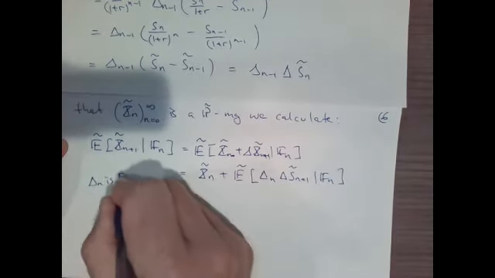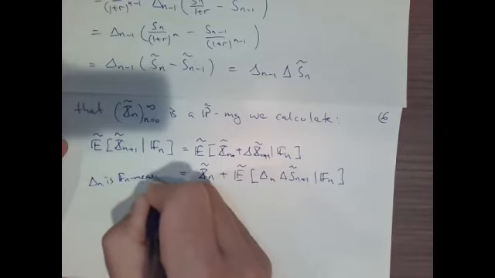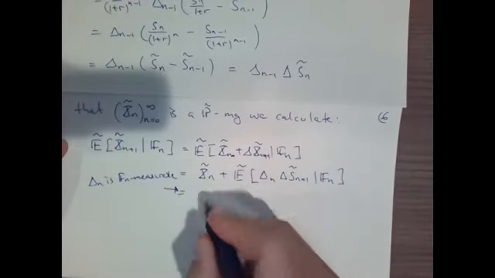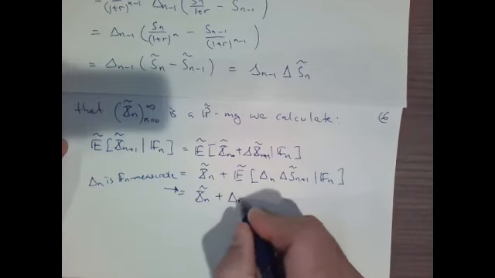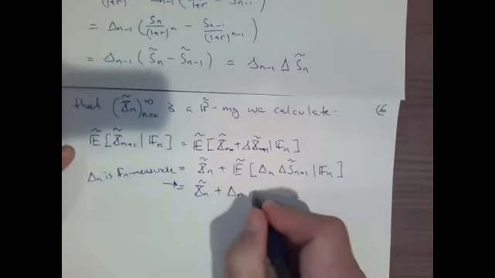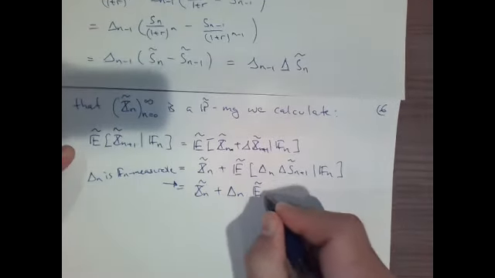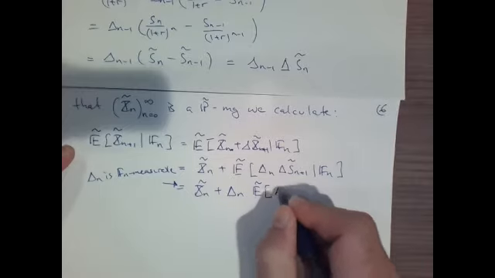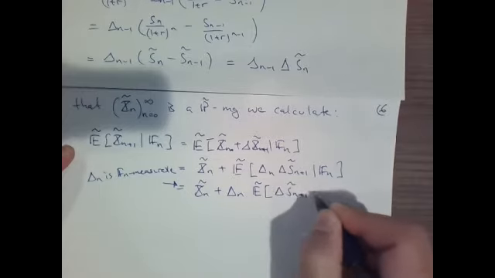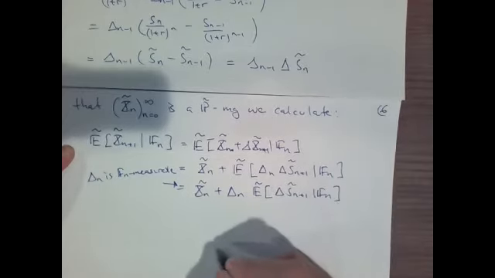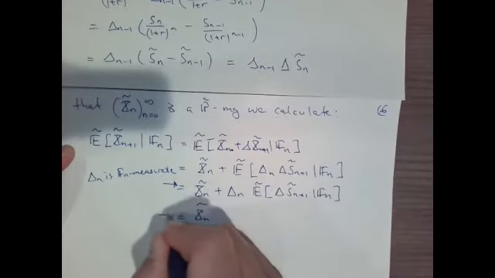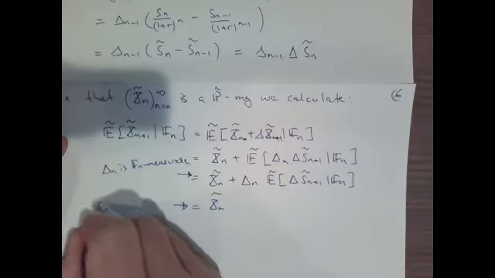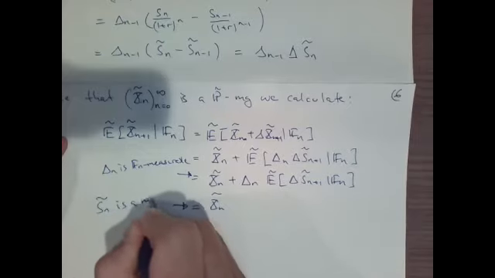This is Fn measurable, so it can go outside. I'm left with the conditional expectation of delta Sn plus 1 tilde given Fn, which is equal to 0 because Sn tilde is a martingale.